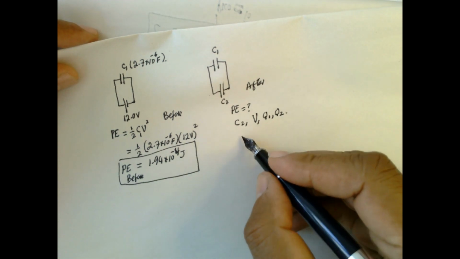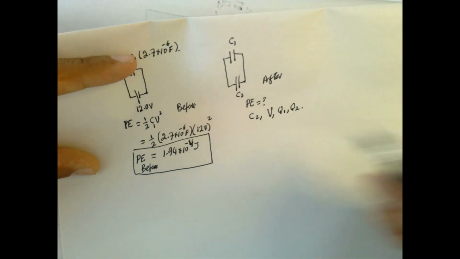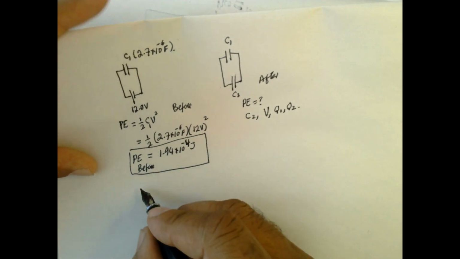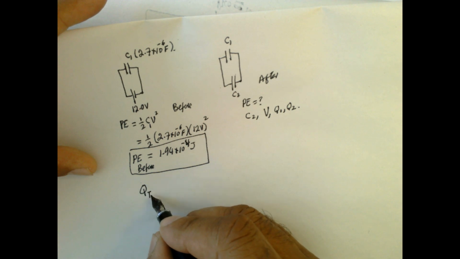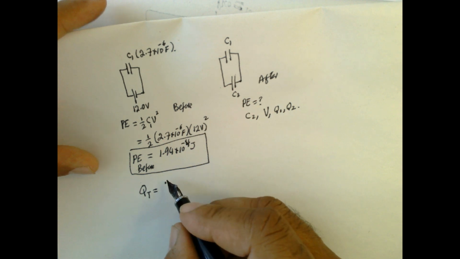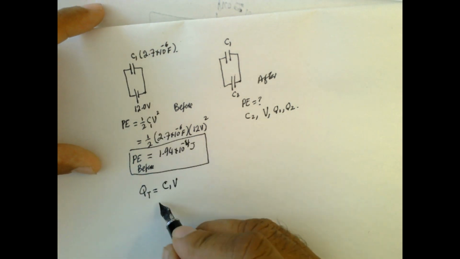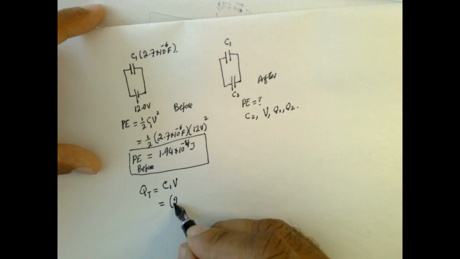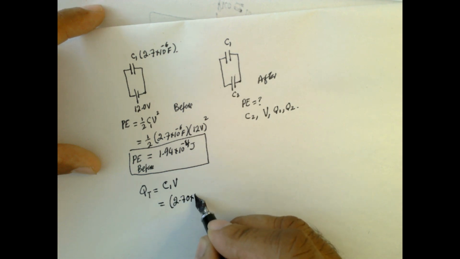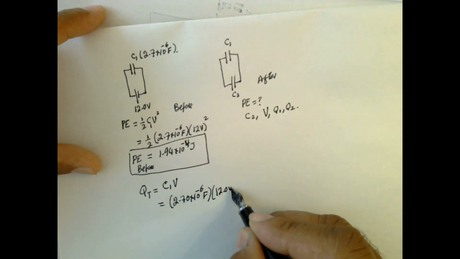But what we know is the charge before, the total charge. So the Q total is equal to C1V in this system. C1 is equal to 2.70 times 10 power minus 6 farad multiplied by 12.0 volt.